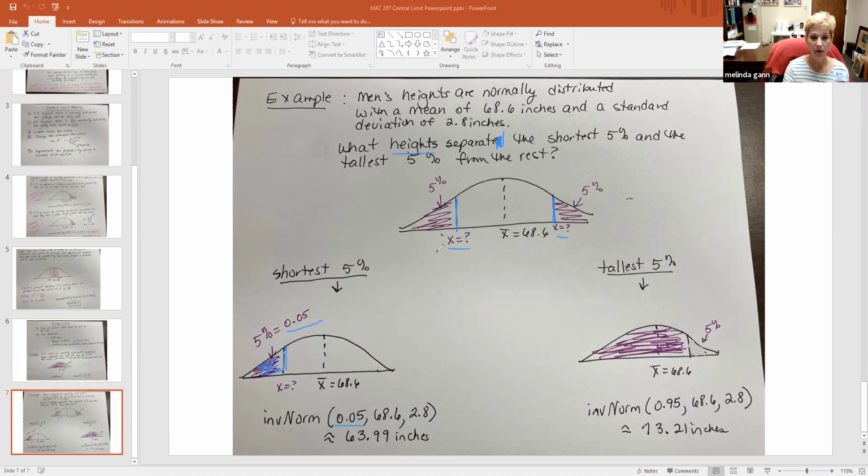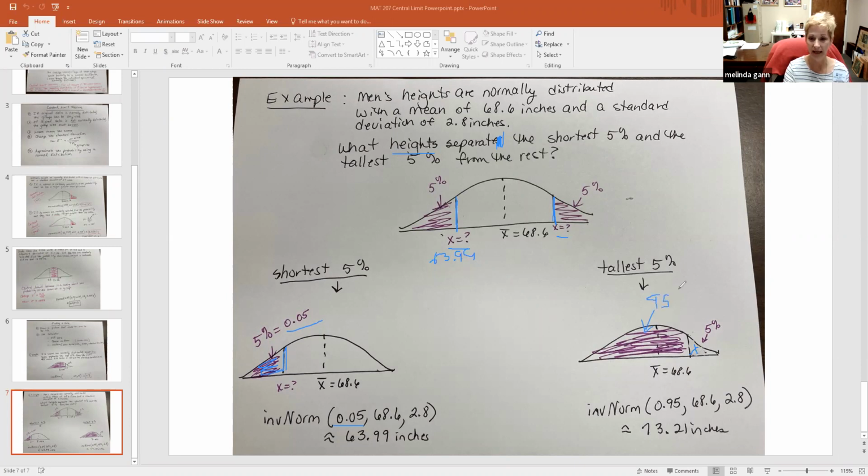So this number right here would be 63.99. Now, what about the tallest 5%? Now, do you understand that the tallest 5% would be right there? But why didn't I shade that? Because remember, when you're trying to find a value, you have to have the area shaded to the left. Now, what do I know? Well, if there's 95% here, what's 100% minus 5%?